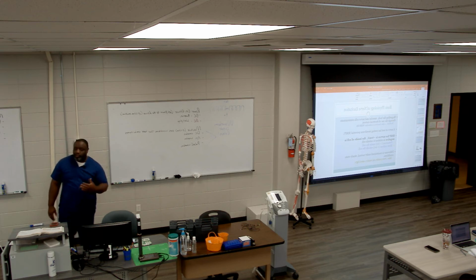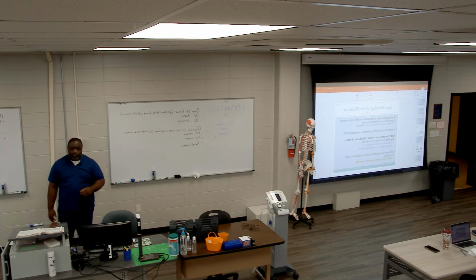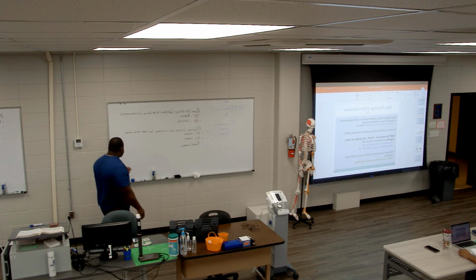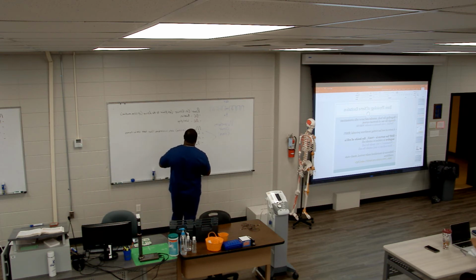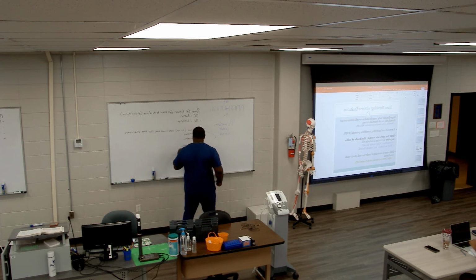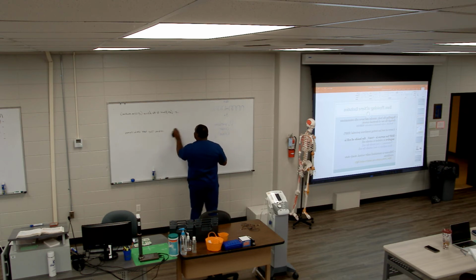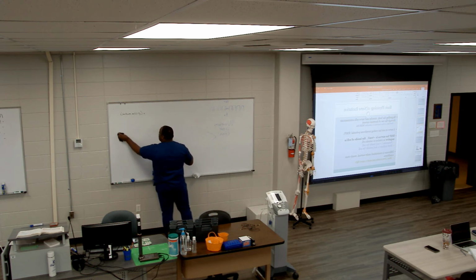So the charge that we're able to measure a nerve cell at is minus 70 millivolts. So at minus 70 millivolts, or its resting membrane potential. Let me erase it.